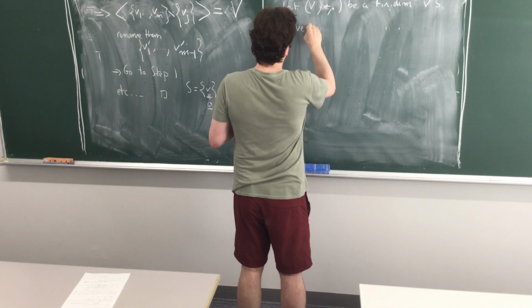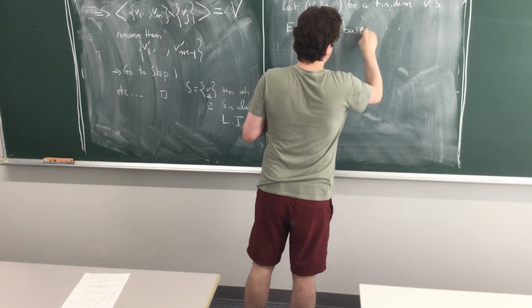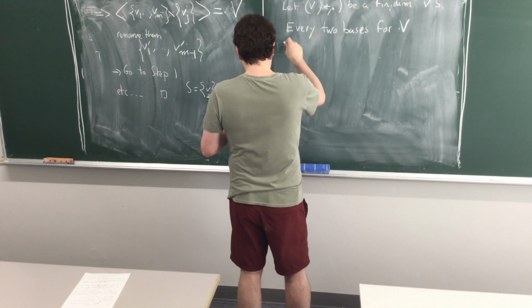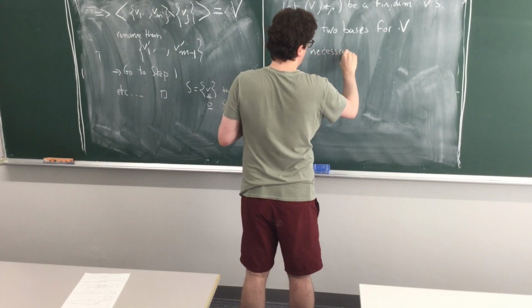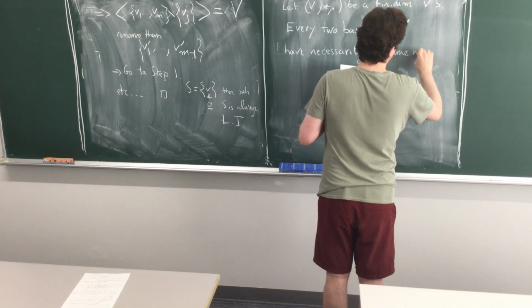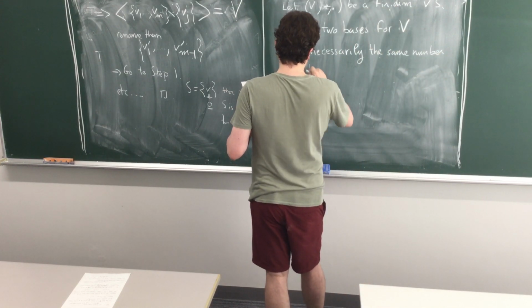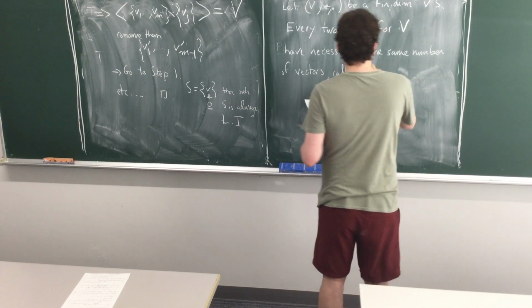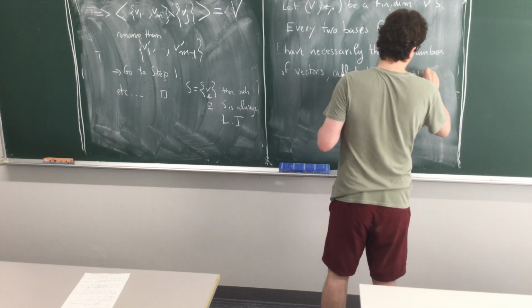Every two bases for V have necessarily the same number of vectors, and this number will be called the dimension of V.